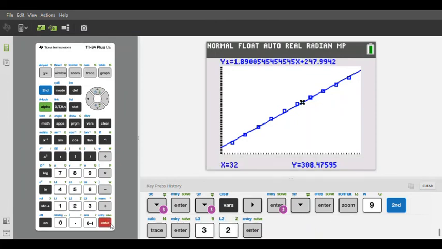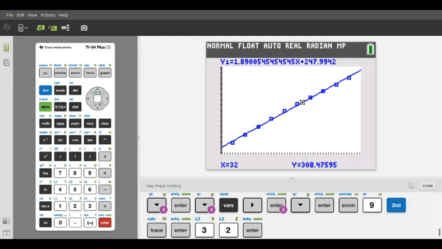So we'll type in 32 and we find that our value here is 308.47595. If you want to approximate that, you can. Typically on a test or a quiz, it'll tell you how many decimal places to approximate with. It should do the same for your homework as well. So our answer there is 308.47595. We'll write that on your lecture notes in just a bit.